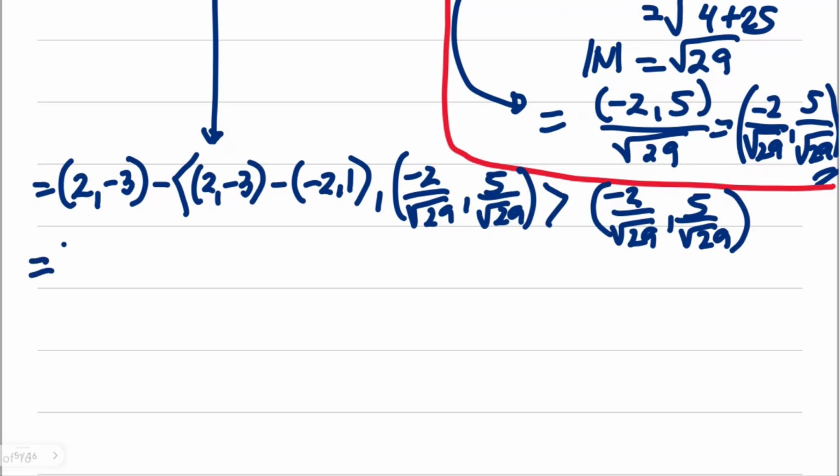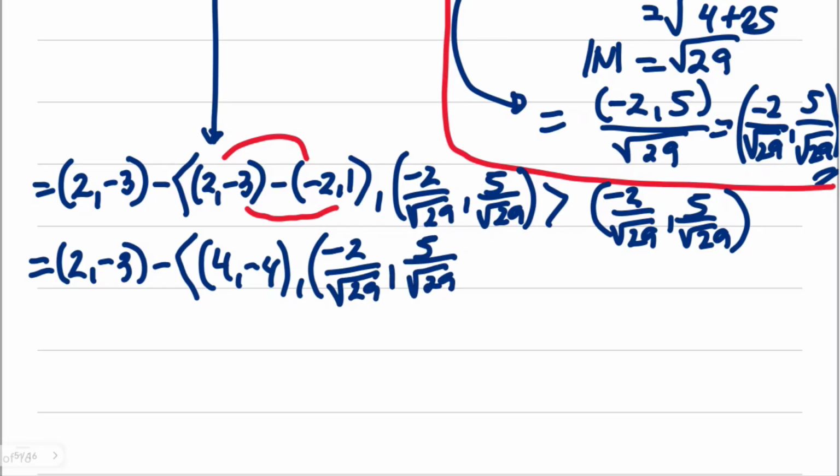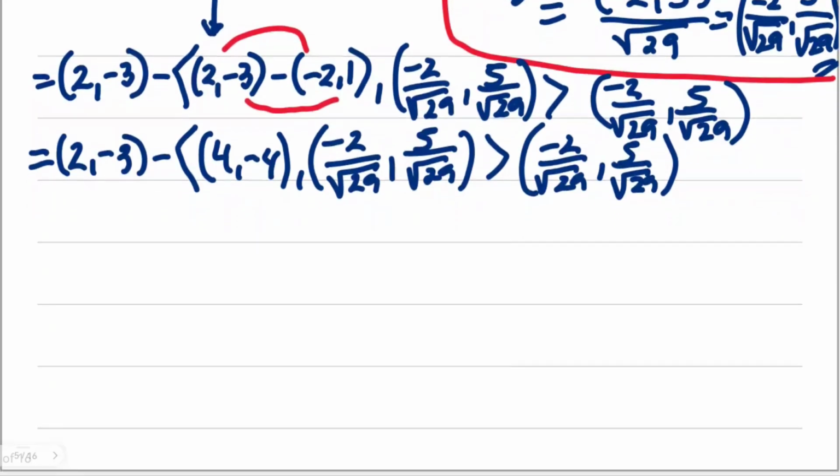So you'll have here (2, -3) minus. So you will have here the result with 2 minus -2 is 4. That's 4, right? And then you will have here -3 minus 1 is -4. Then your unit normal vector, -2 over square root of 29, 5 over square root of 29. Still (2, -3) here.